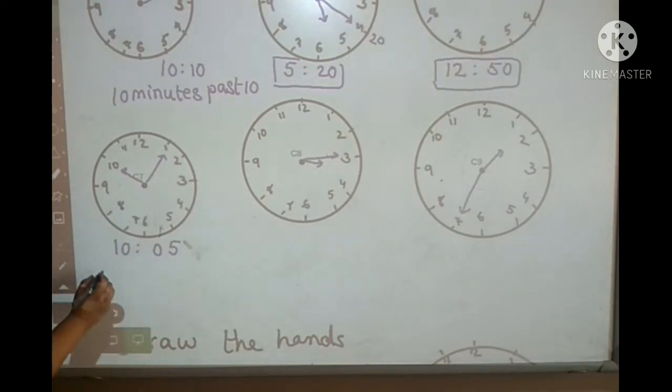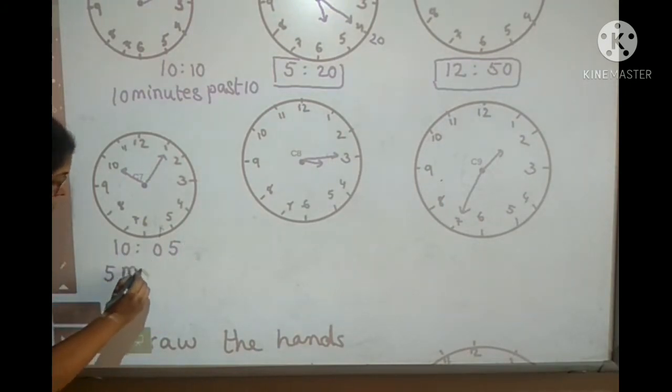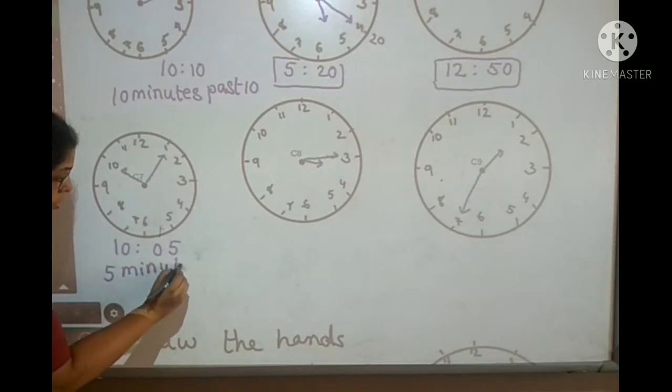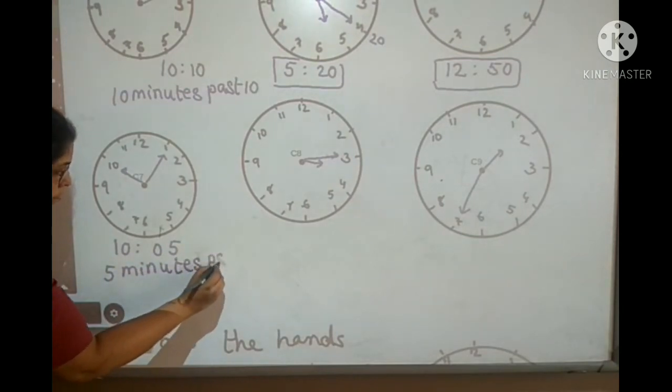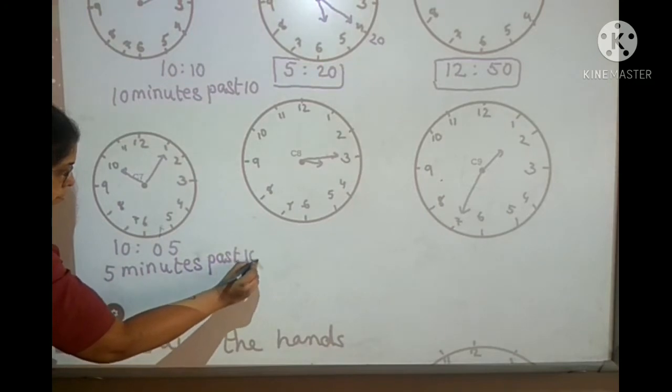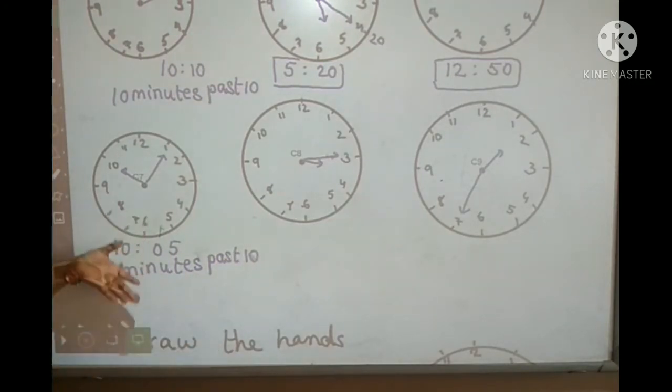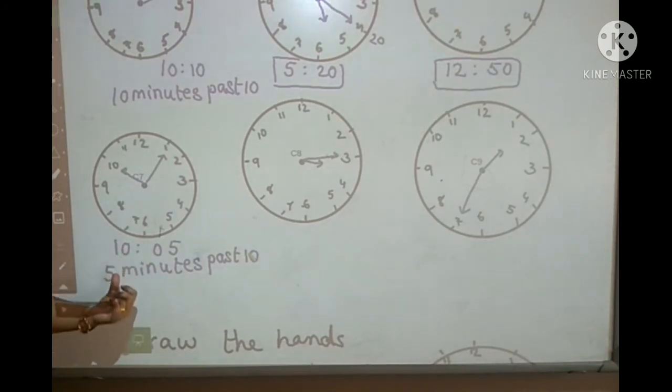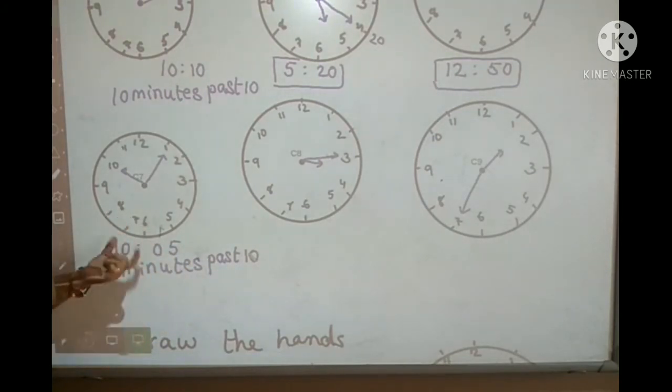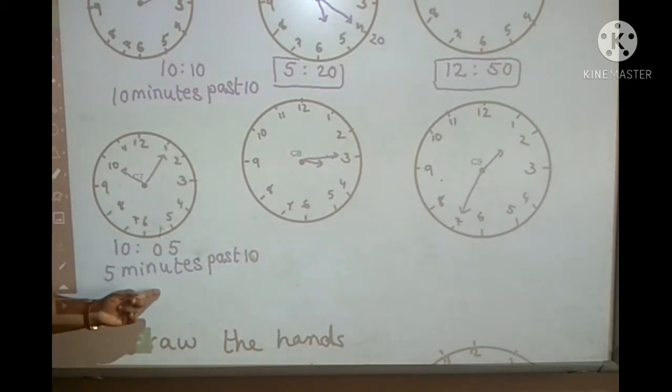And you can write this also, 5 minutes past 10. If the question asks, you can write either this or this one. If it was not specified that you have to write in words, you can write any. If the question says write in words, you have to write this one, 5 minutes past 10. Otherwise, if the question says write the time, you can write any of them.